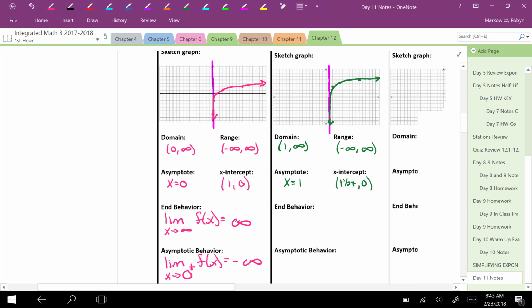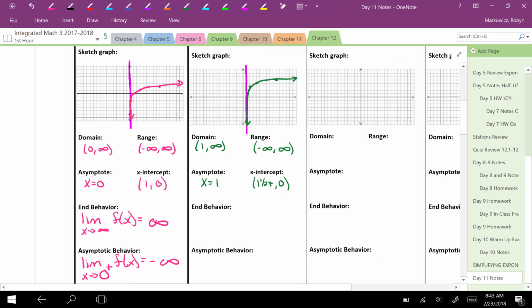See if you can fill in the end behavior and the asymptotic behavior real quick.